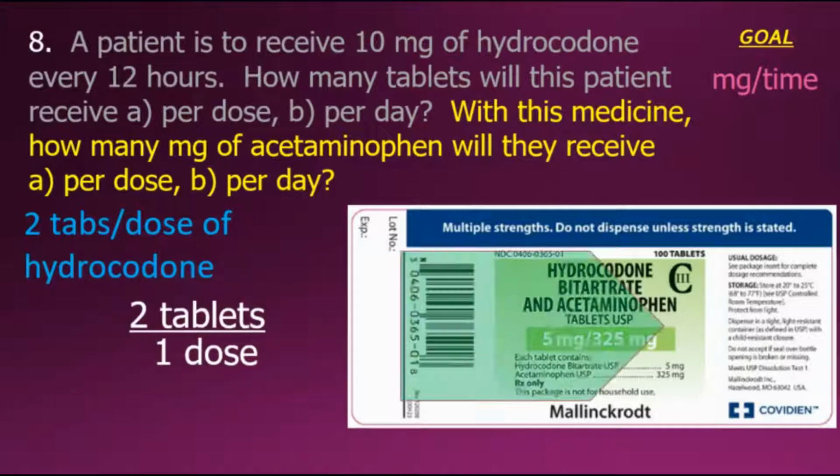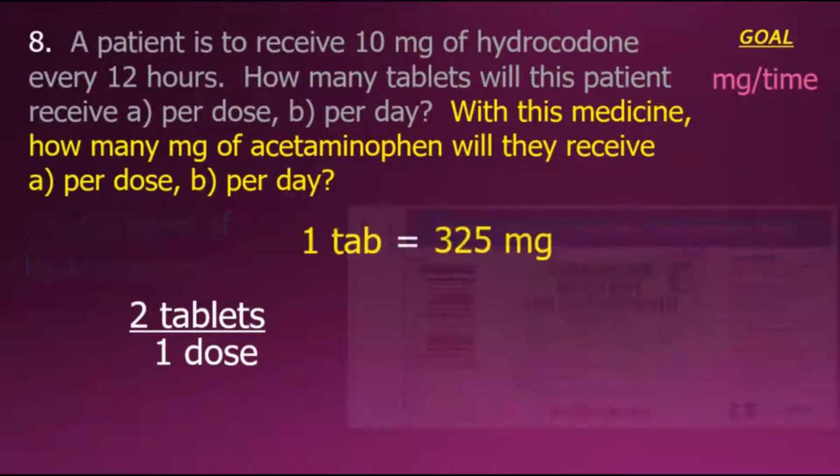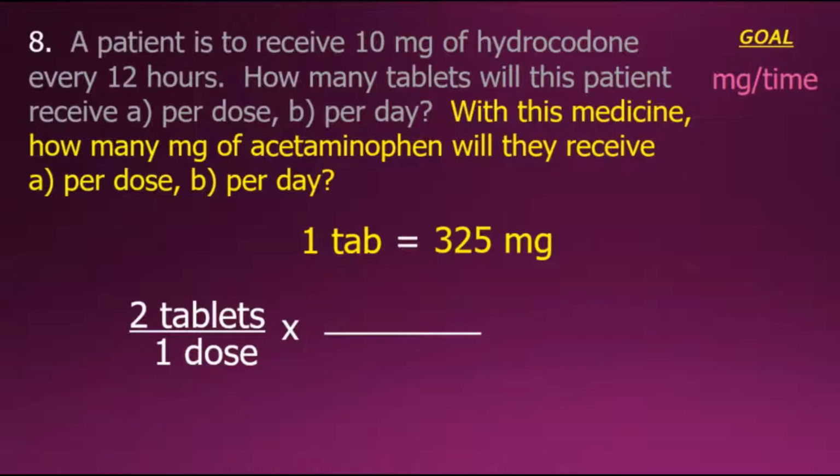If we refer to the medication on hand, the label showed us that a patient would also receive 325 milligrams of acetaminophen per tablet. We'll use that information to convert our current dosage into milligrams of acetaminophen.